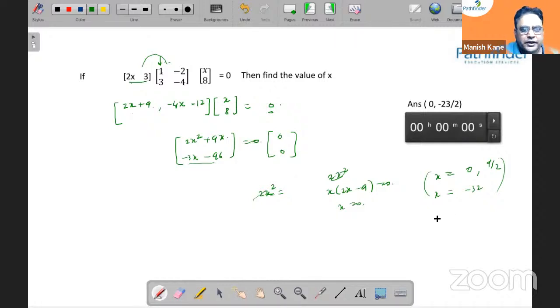Have I made a mistake anywhere in calculation? Somebody just check please if I made a mistake anywhere. Oh wait, we have made a mistake.